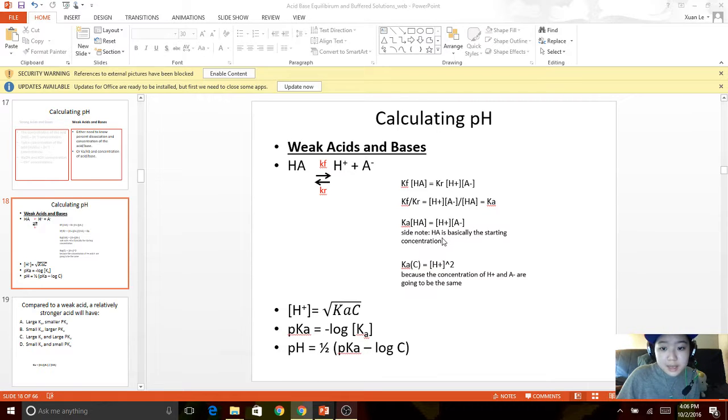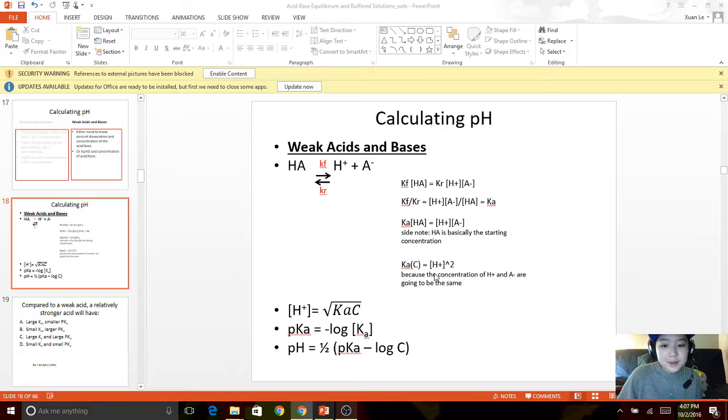And also note that the weak acid concentration is basically going to be the starting concentration, because remember that weak acids don't dissociate very much, and so we can replace HA with C. And also just note that the concentration of hydrogen ions and the conjugate base ions are going to be the same, and so we can basically just do Ka times the original concentration is equal to the hydrogen ion concentration squared.